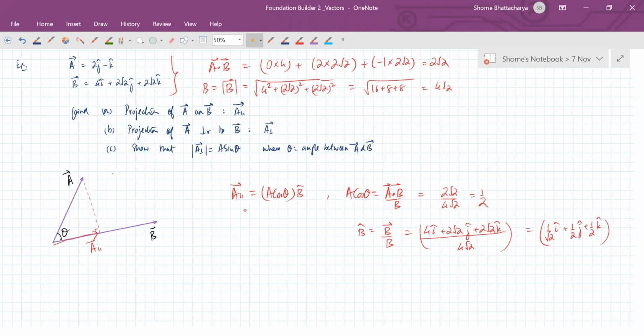It's easier. So the parallel component will become A cos theta, which was 1 by 2, multiplied by B cap, which is this vector.